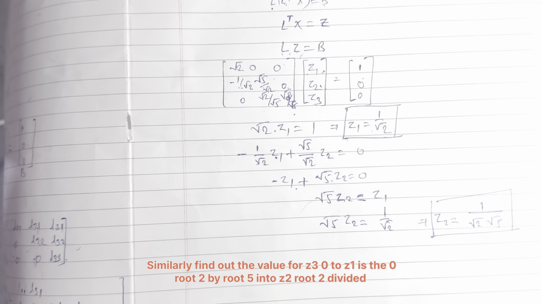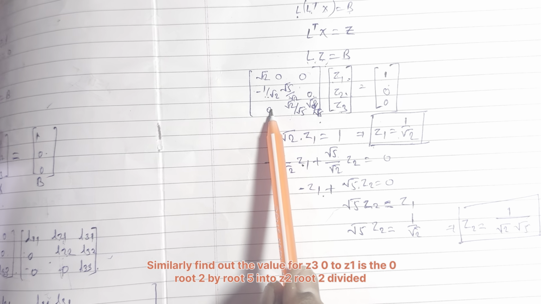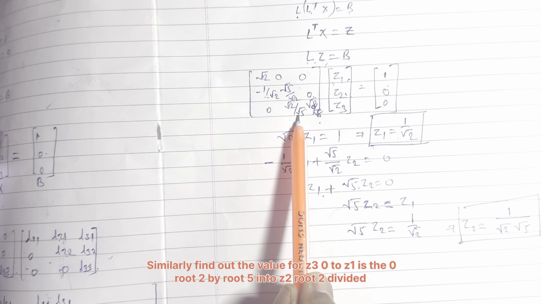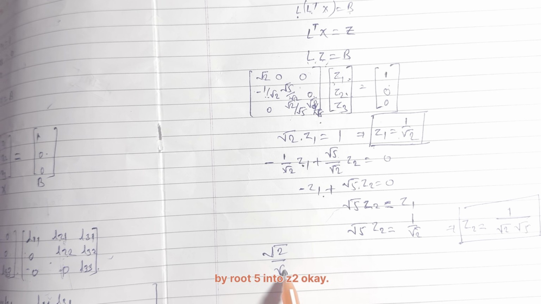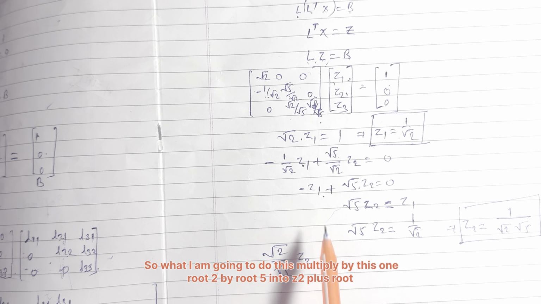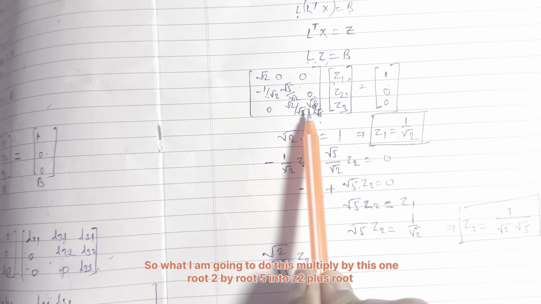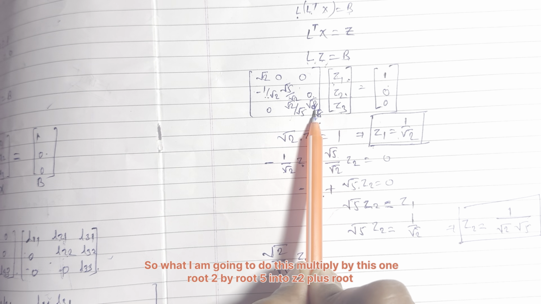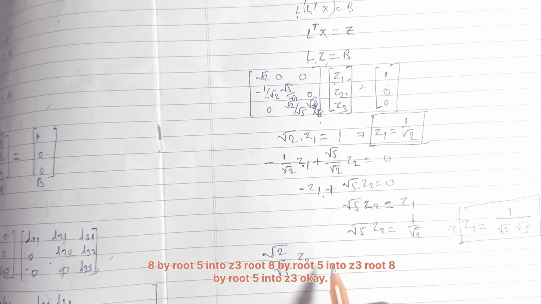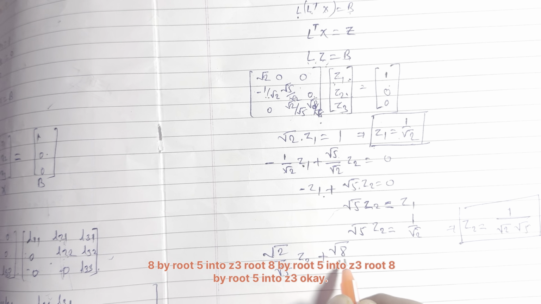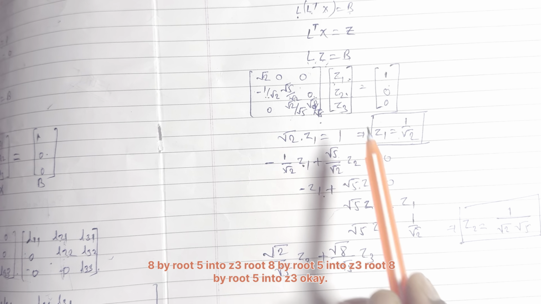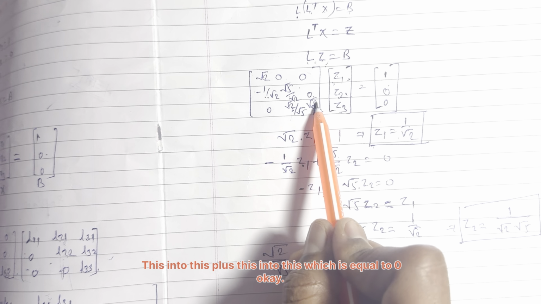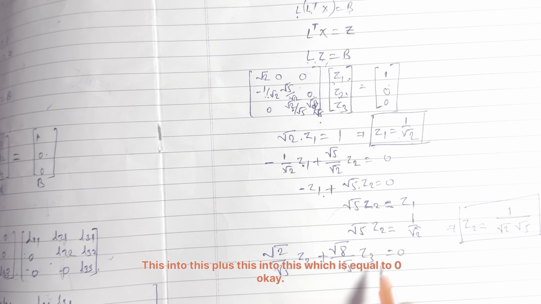Similarly, find the value for Z3. 0 into Z1 is 0, root 2 by root 5 into Z2 plus root 8 by root 5 into Z3, this into this plus this into this, which is equal to 0.